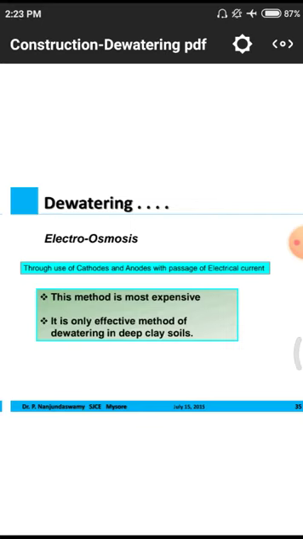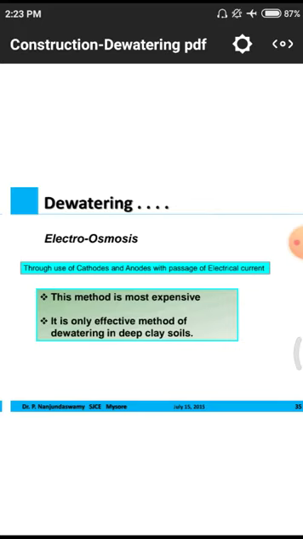Likewise in this electro osmosis method, it is similar to those geysers, because we are using these cathodes and anodes to dewater a particular land.